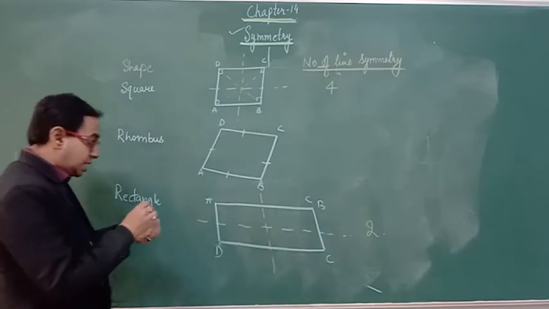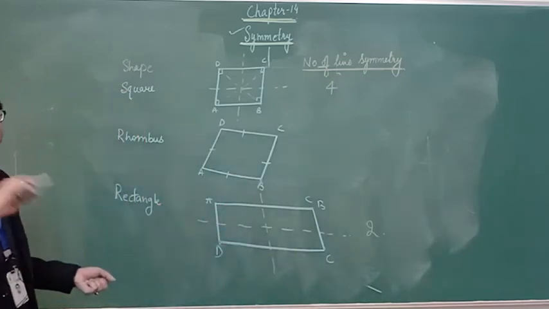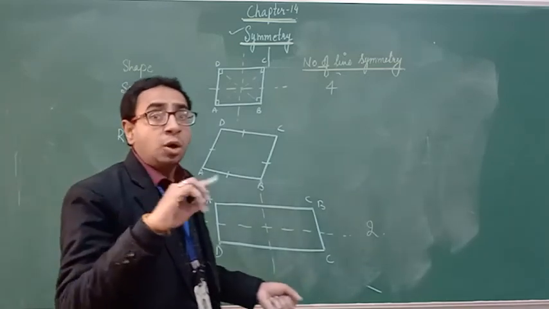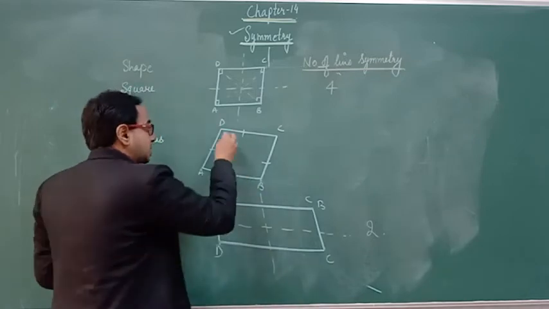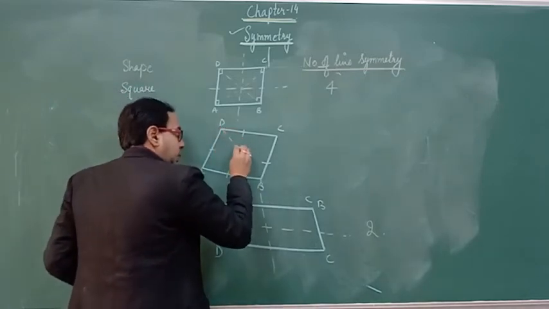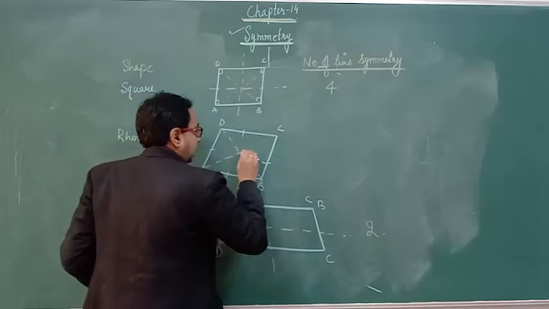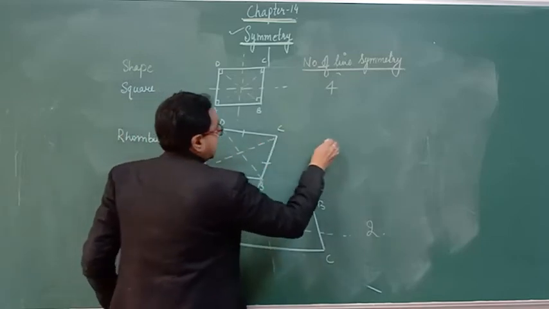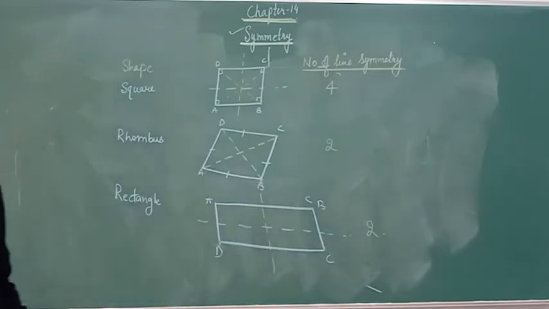In the case of a rhombus, we know that the diagonals of a rhombus bisect each other. Do we know that? Diagonals of a rhombus bisect each other at 90 degree. Thus, it will always be symmetric along the diagonals. Thus, 2 lines of symmetry are there for a rhombus. Clear?